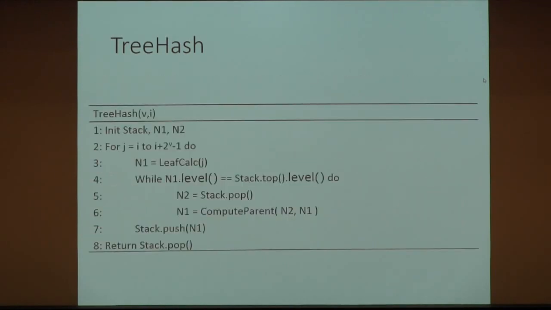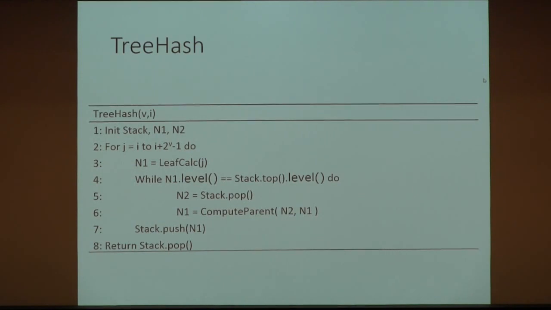And this algorithm looks as follows. I've got a graphical representation on the next slide, but just to give you an idea, you've got a stack, and if you have a node on height v that you want to build, then you have to compute 2 to the v leaves. So you've got a loop where you always first build a leaf, then you look at the stack.